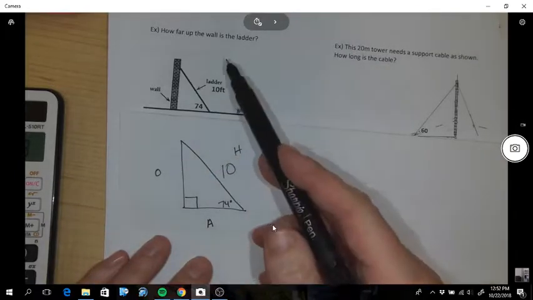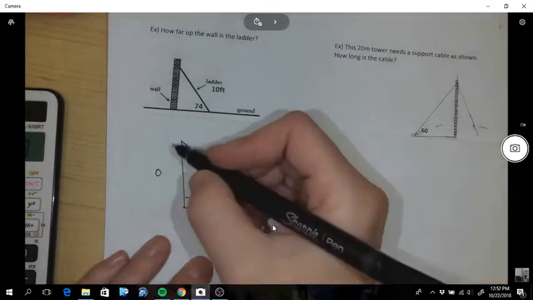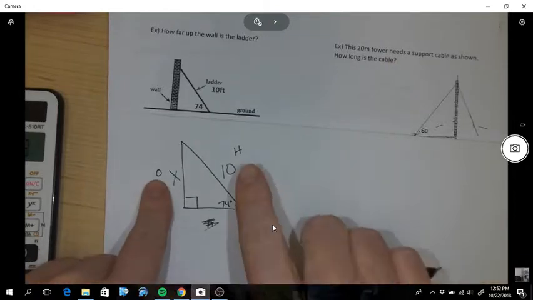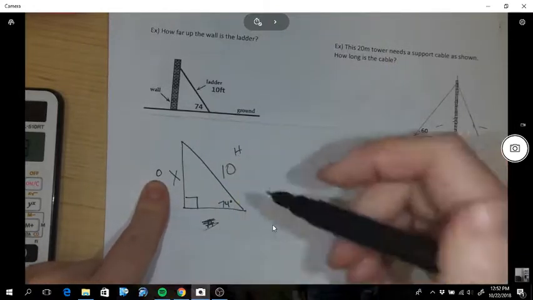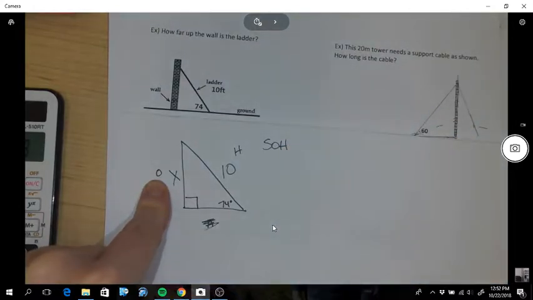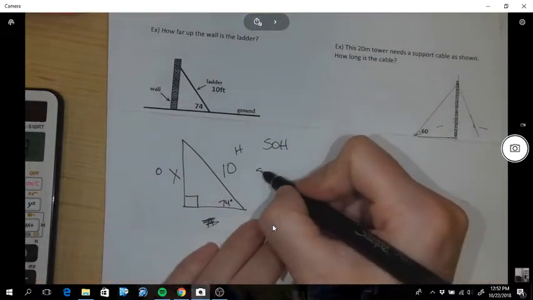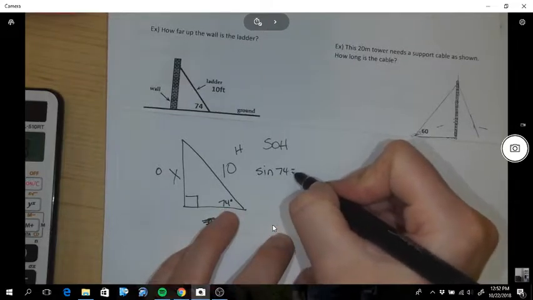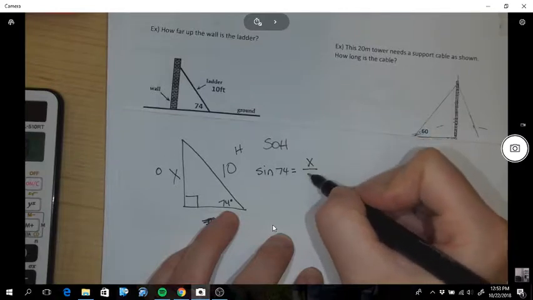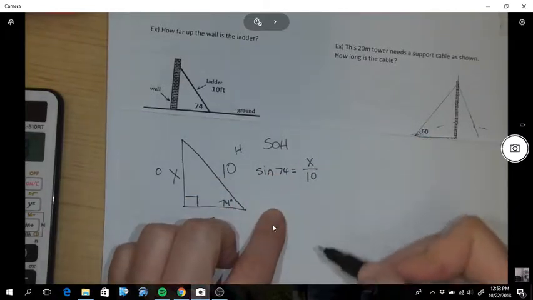Now, I want to know how far up the wall. So when you look at this, you say, which of those 3 letters do I not care about? That's the A. So an O and an H make a SOH ratio. So I go, the sine of the angle is the opposite, which I don't know, over the hypotenuse.